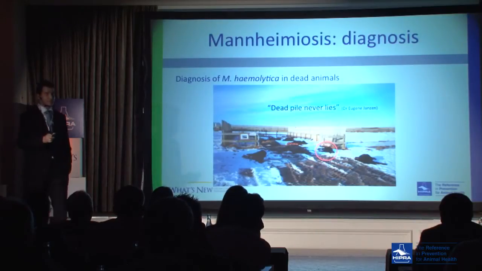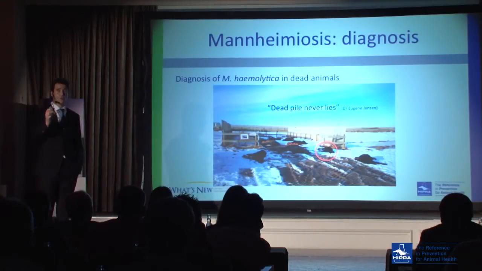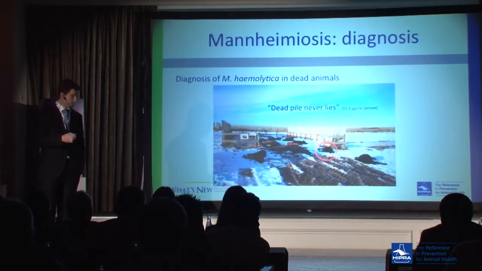necropsy post-mortem examination is crucial for the diagnosis of Mannheimia hemolytica. Why? Because as one of the old practitioners working at my university always says, the dead pile never lies, which is really true.